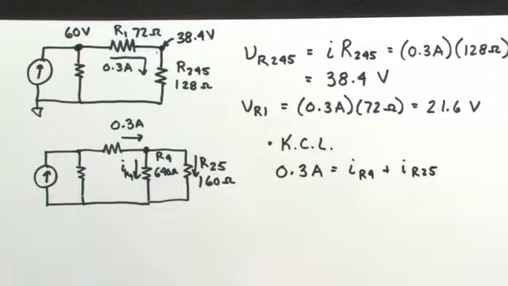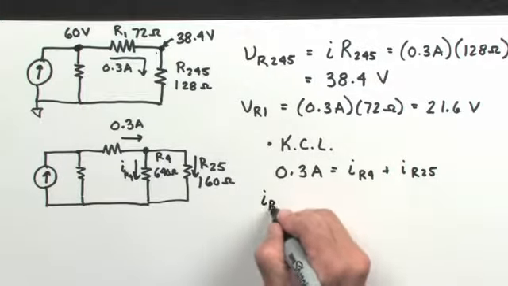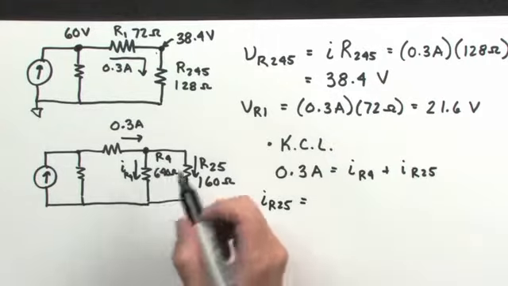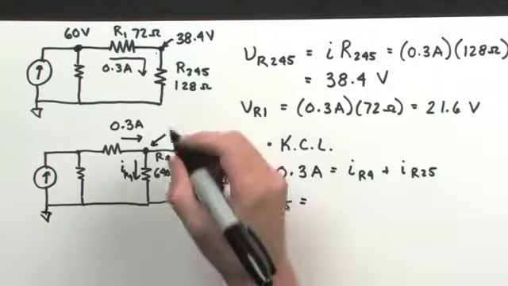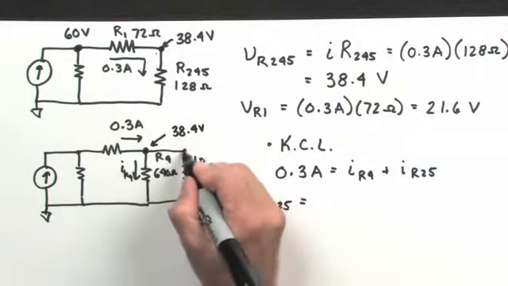I can calculate the amount of current through either path that I choose, and I'm going to calculate the current through the R25 path. Using Ohm's law, I know that the potential with respect to ground, or with respect to our 0 volt reference, is 38.4 volts, right here as well as right here.